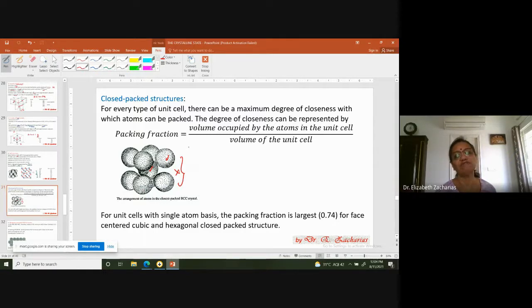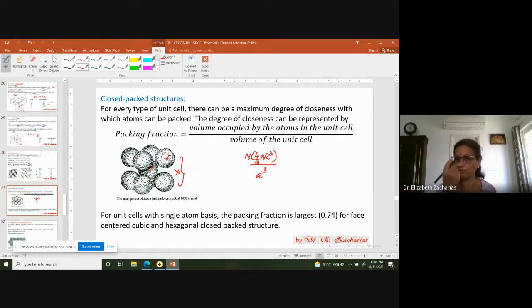The packing fraction will be the volume of the total number of atoms divided by the volume of the cell. If A is the side, A cube is the volume of the cell. If R is the radius of the atom, then it is 4 by 3 pi R cube, the volume of one atom, into the number of atoms associated with that cell.